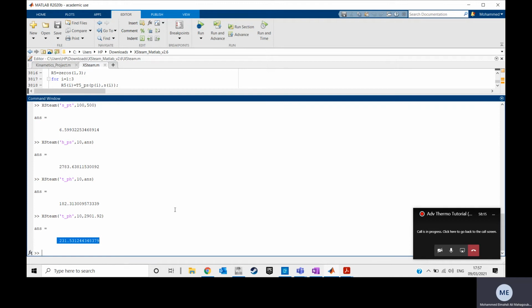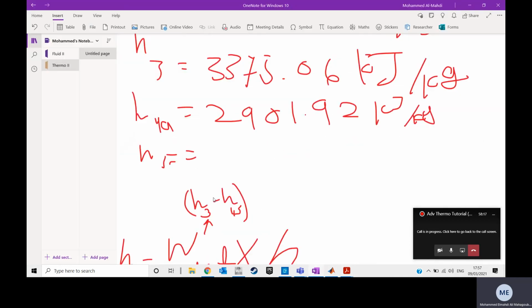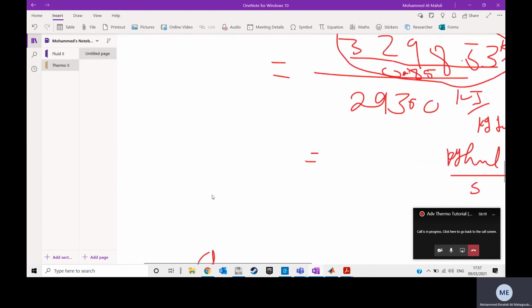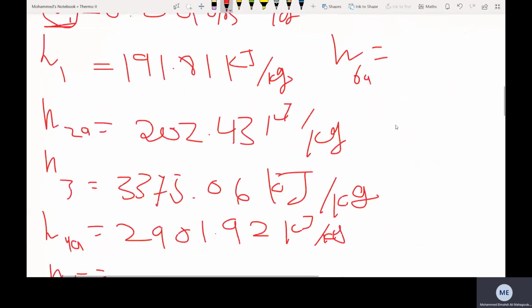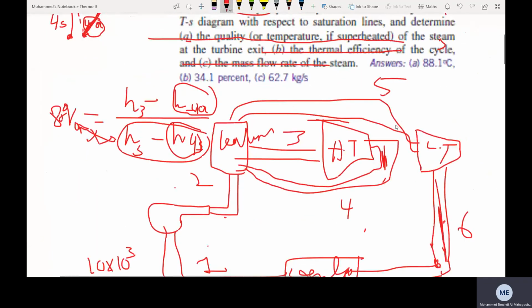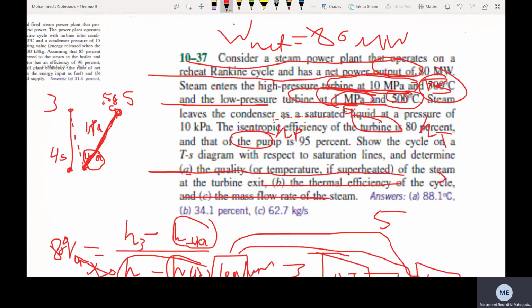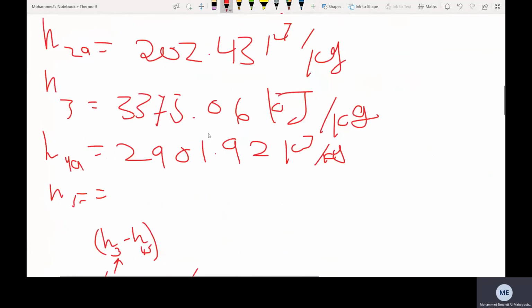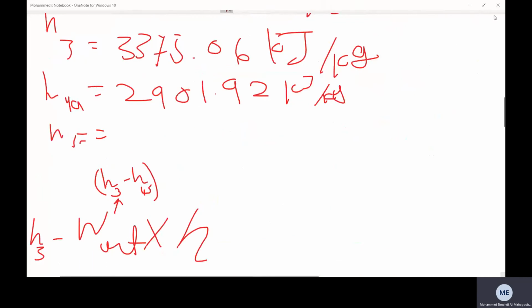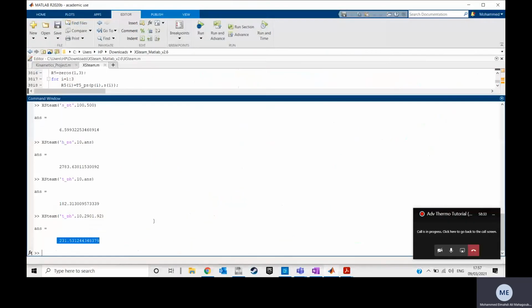2900 enthalpy there. Now let's calculate H5 directly, because we have the properties at 5, which are the temperature and the pressure. Here I have the pressure, here I have the temperature: 1 megapascal and 500. So I can report H5 directly. Go to the code. Now what do you want?